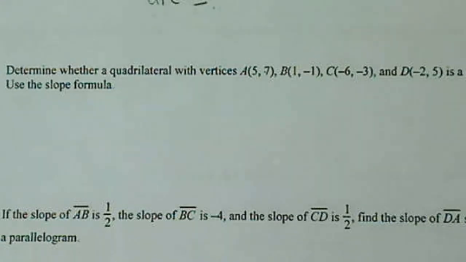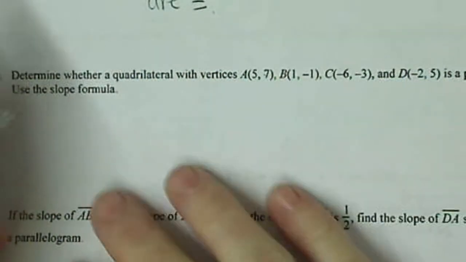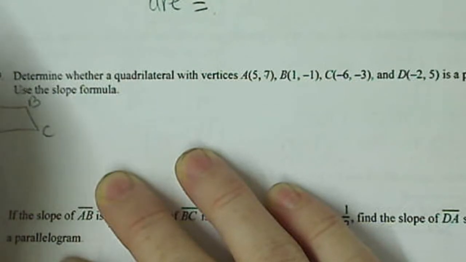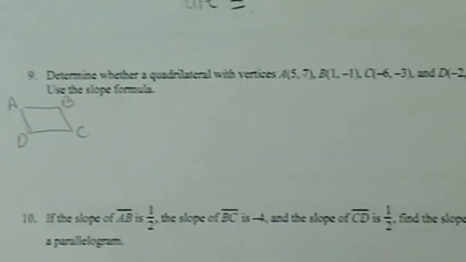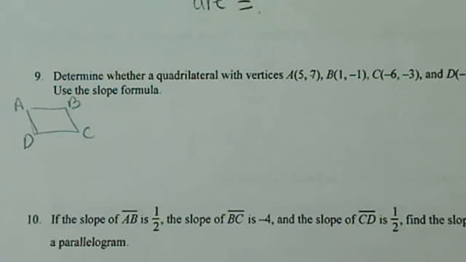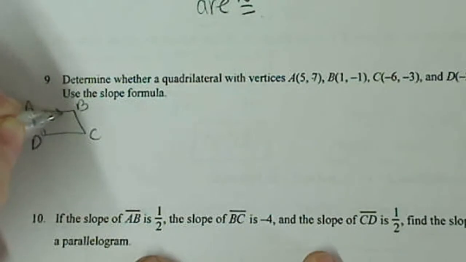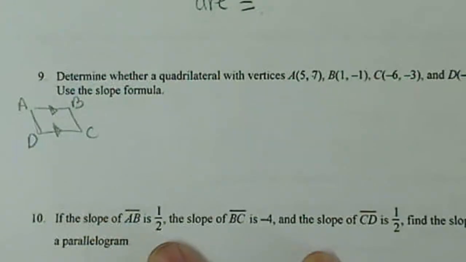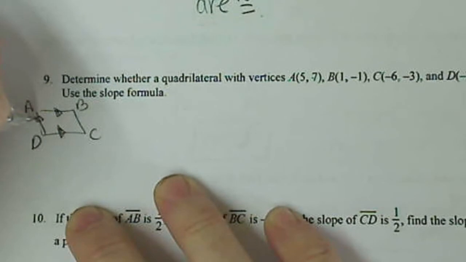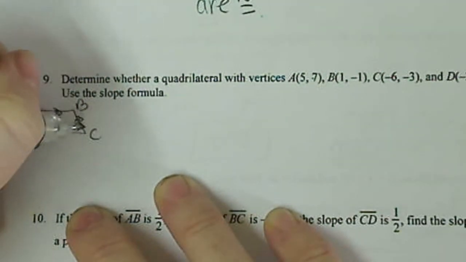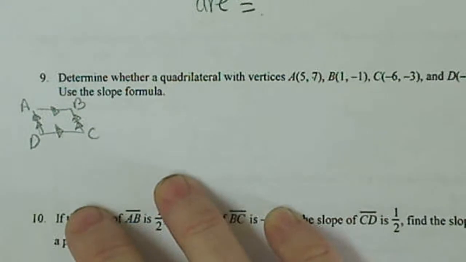If I think about that this is a quadrilateral, so 4 sides, one of the things or conditions that has to be met for a quadrilateral to be a parallelogram, if I'm using slope, is that I want to prove AB is parallel to DC, and I also want to prove AD is parallel to BC. So I could use my slope formula.